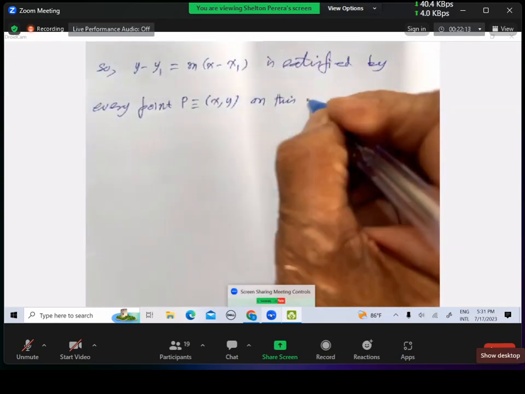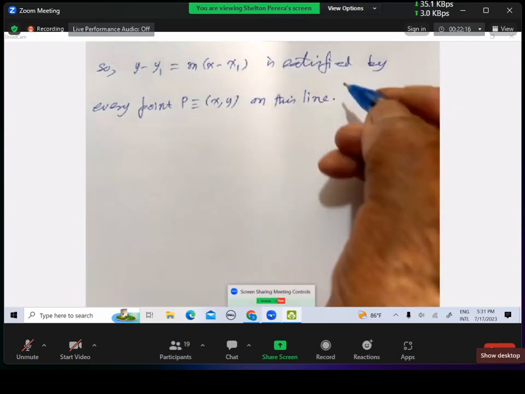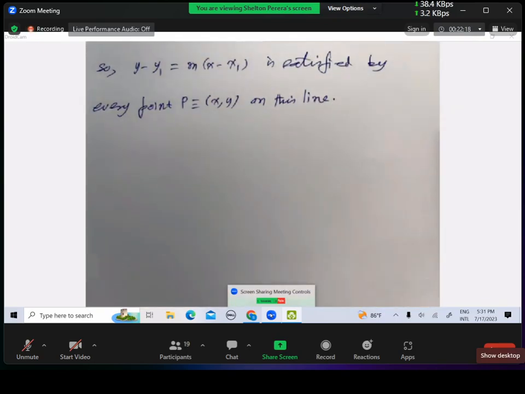What is this? The line with slope m passing through the point x1, y1.